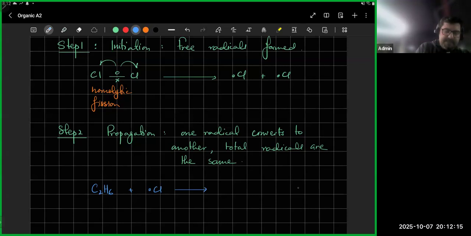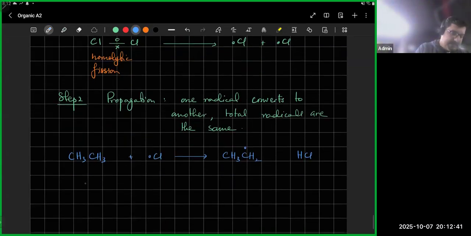So the Cl would form HCl, would steal one of the H's, and your C2H6 will become C2H5. बल्कि इसको structural formula लिख लेते हैं. It's CH3CH3. So it becomes CH3CH2, right? The carbon becomes a radical.